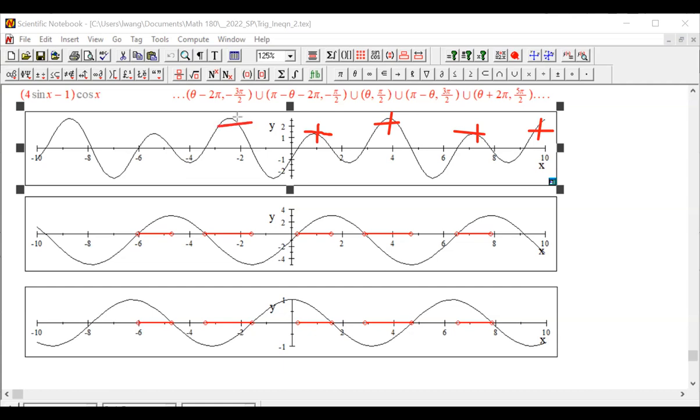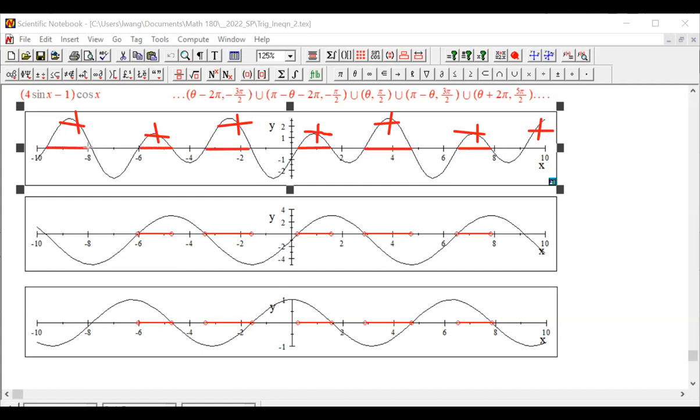Visually, it's very easy to identify. We just need the positive pieces, not including the endpoints. These are our solutions. And we have identified that with our hard work.